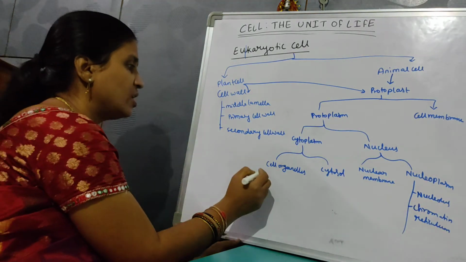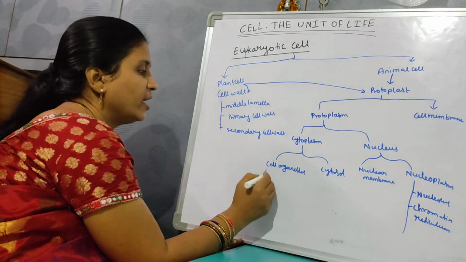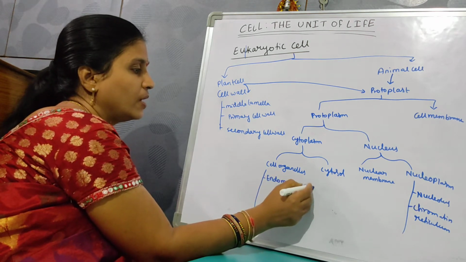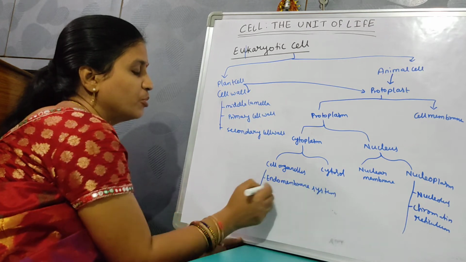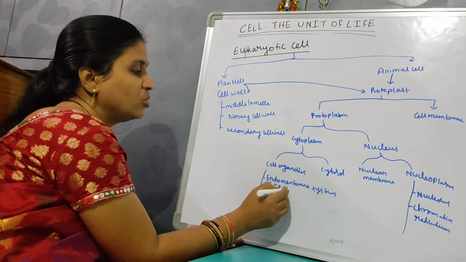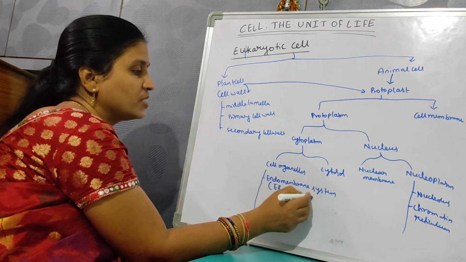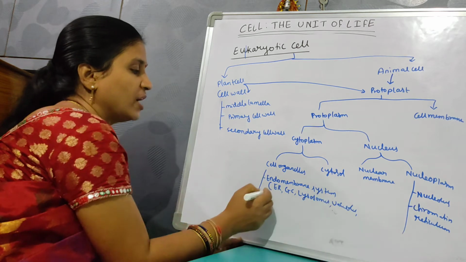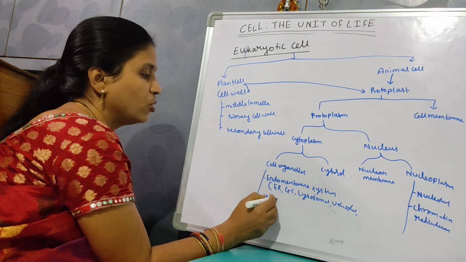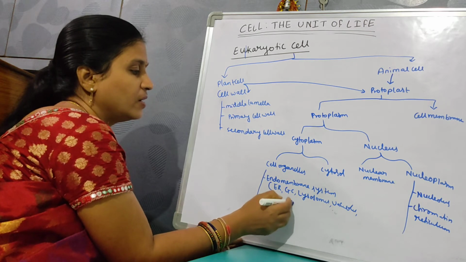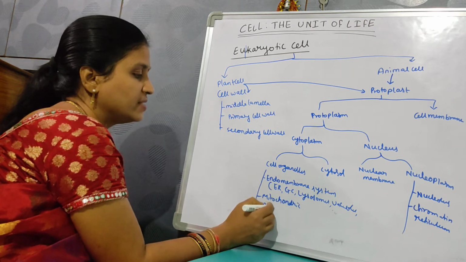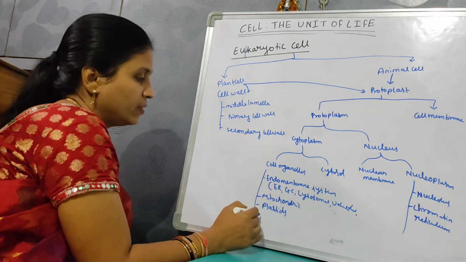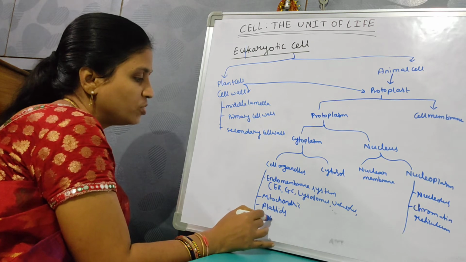So the cell organelles are again divided into the endomembrane system, which is composed of endoplasmic reticulum, Golgi complex, lysosomes, vacuoles, mitochondria, plastids, then centrosomes.